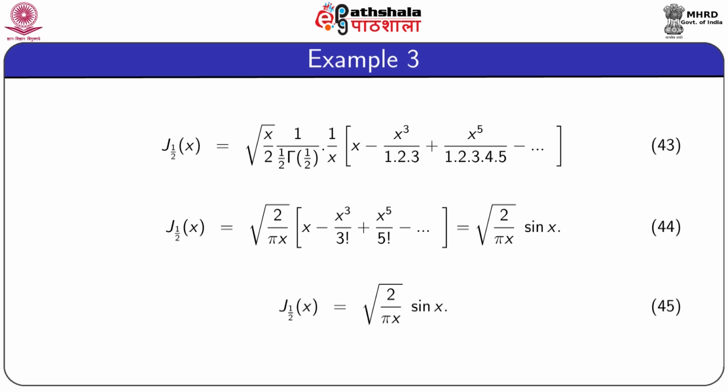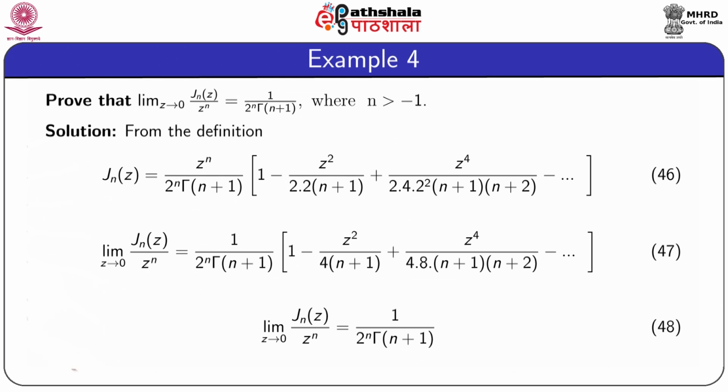Since gamma half is root pi, we will get J half of x is equal to square root of 2 by pi x multiplied by x minus x cube by 3 factorial plus x to the power 5 by 5 factorial minus dot dot dot, which is nothing but sin x, and hence J half of x is equal to square root of 2 by pi x sin x, which is our required result.